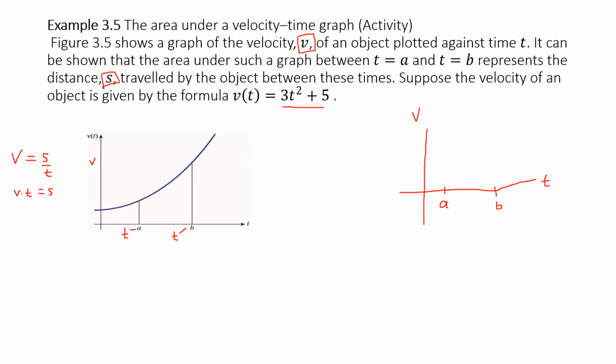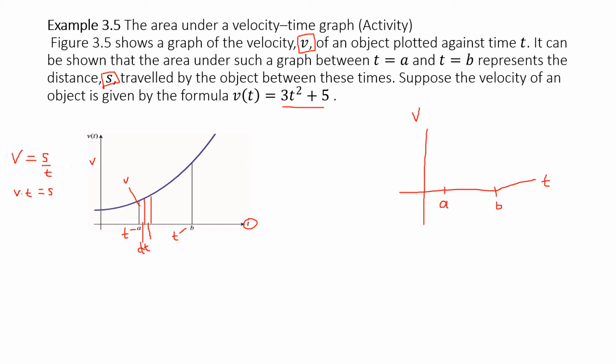So this line, for example, if here are small rectangles, because this is t, this small width will be dt, and this height will be v.